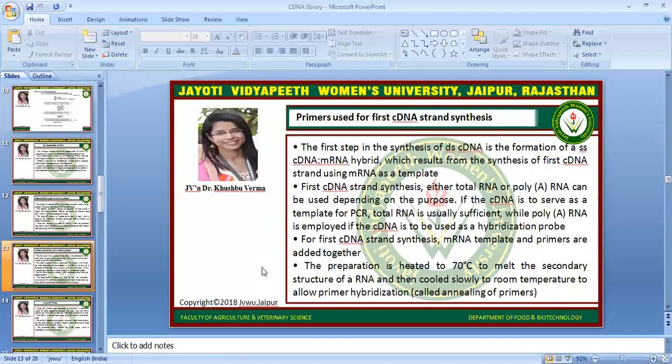If the cDNA is to serve as a template for PCR, total RNA is usually sufficient, while poly-A RNA is employed if the cDNA is to be used as a hybridization probe. For first cDNA synthesis, messenger RNA template and primers are added together. The preparation is heated at 70 degrees to melt the secondary structure of the RNA and then cooled slowly to room temperature to allow primer hybridization, which is called annealing of the primer.